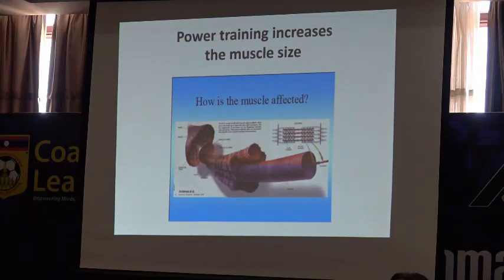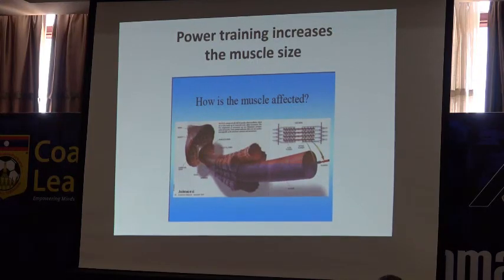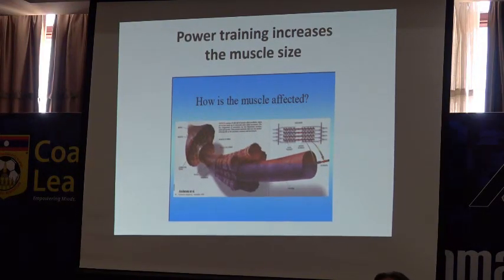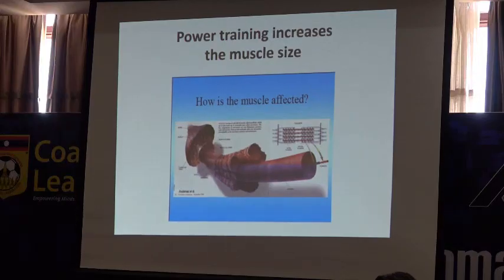And what happens when a muscle grows is that we get more actins and more myosin. And the more actins and the more myosin we have, the more connections we can make, the more power we can develop.